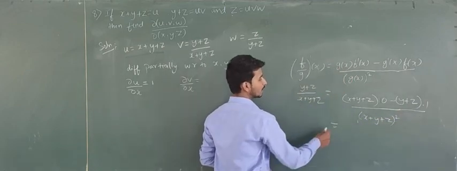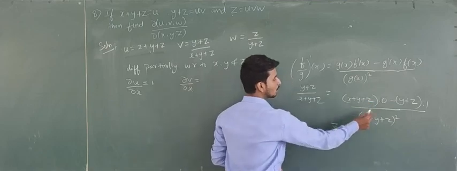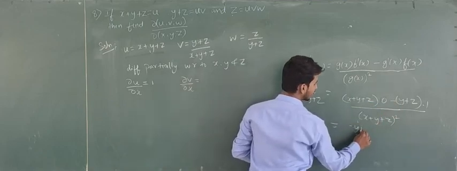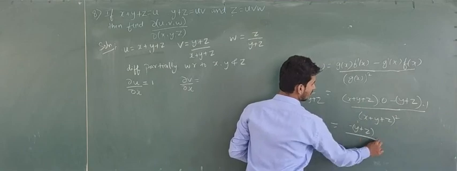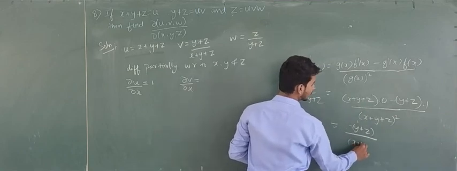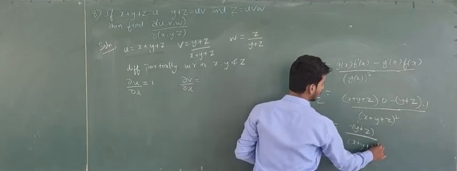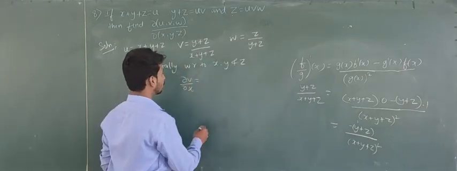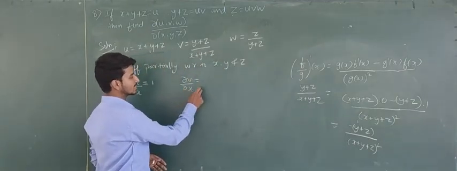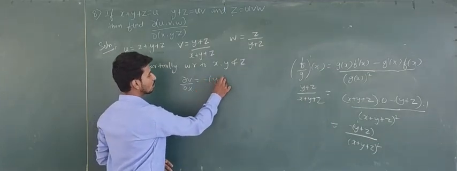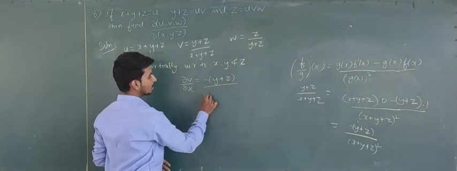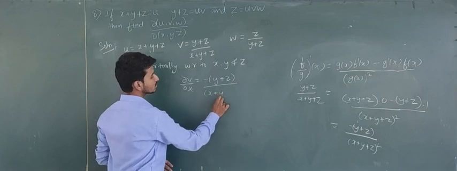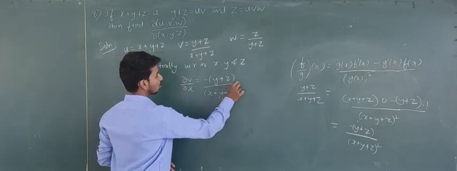So your answer will be 0 minus y plus z divided by x plus y plus z whole square. This is the quotient rule form, that is dou v by dou x is nothing but minus of y plus z divided by x plus y plus z whole square.